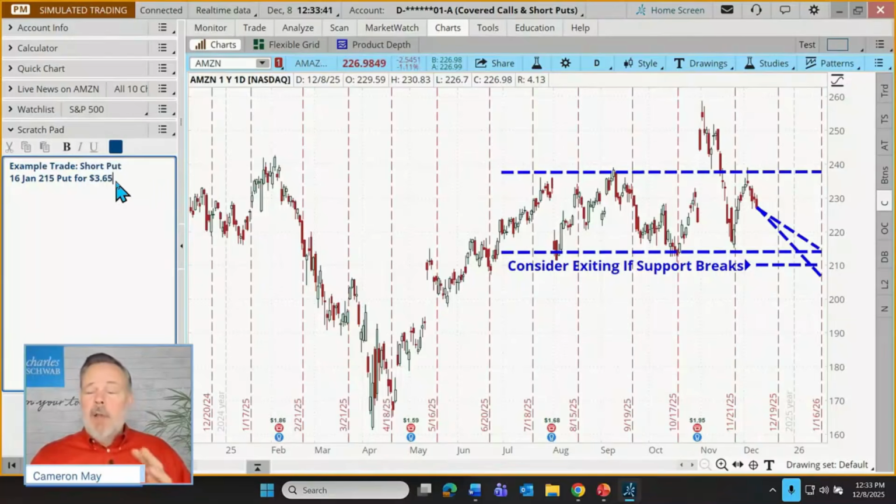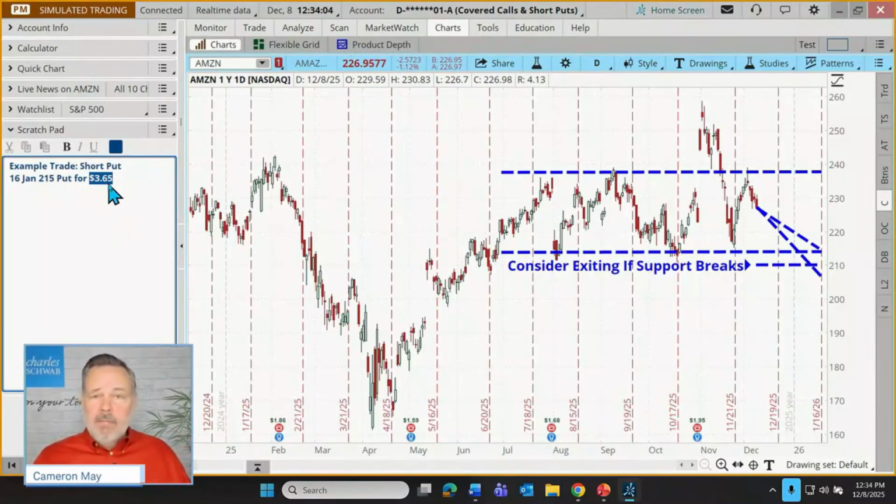Now, before I go place this trade, I've got to say, if the contract gets assigned, does the other party get their $3.65 back? This is a common misconception, or a myth. It's commonly misunderstood that if a contract gets assigned, that means we've got to give up our $3.65.